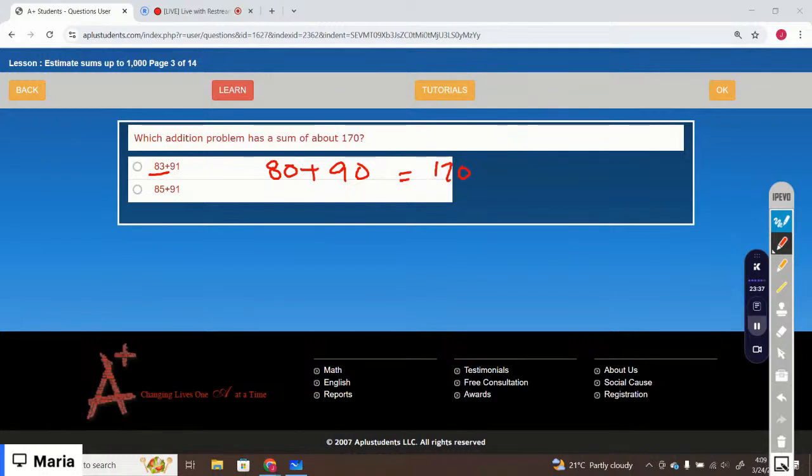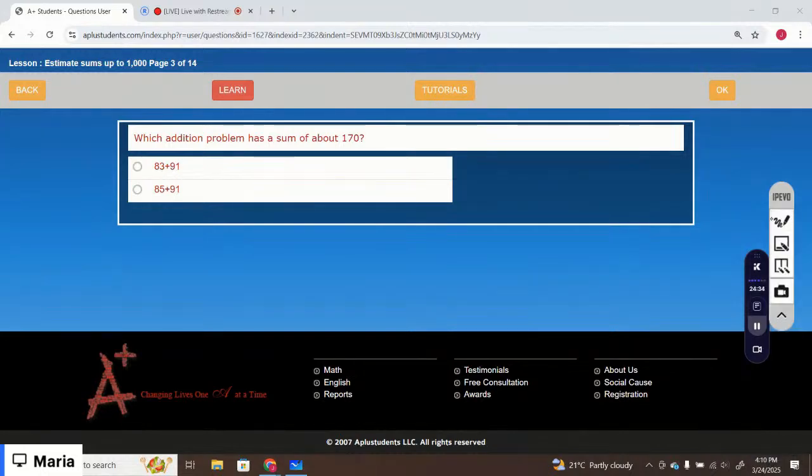So that is 170. Option number 1 is the correct option.